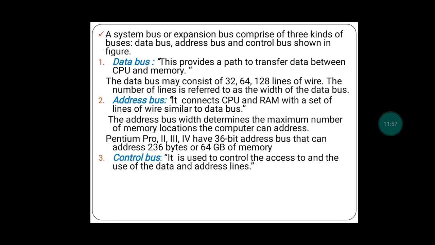When asked to explain the structure of a bus, you need to write what a bus is, draw the diagram, and write that it comprises 2 buses, internal and external. Write what the internal bus is and what the external bus is. After that, the internal bus comprises 3 more buses: data, address, and control buses. Just write one line regarding each of those. Okay, hope you all are understanding.